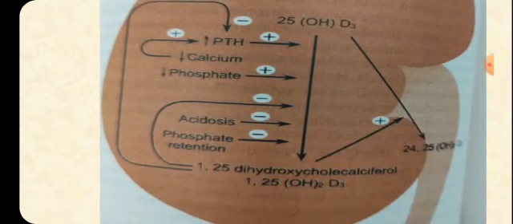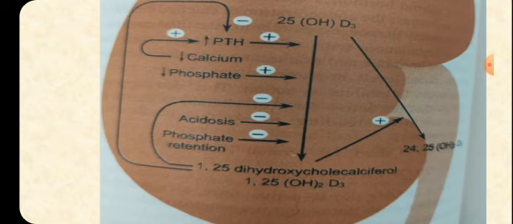And what are the inhibitors? The inhibitors of vitamin D3 synthesis are high blood calcium level, any sort of metabolic acidosis, high phosphate level, and excess level of 1,25 dihydroxycholecalciferol itself. So, whenever the level of vitamin D3 increases, there is feedback inhibition of its own synthesis.